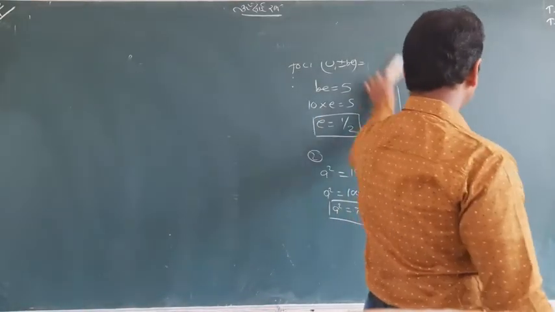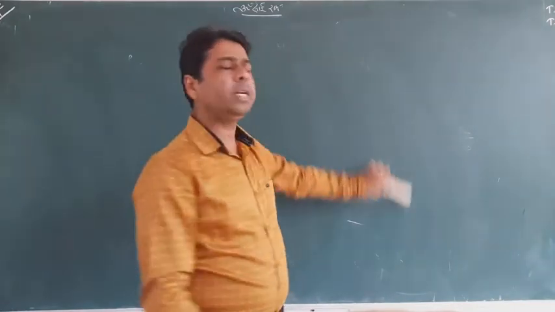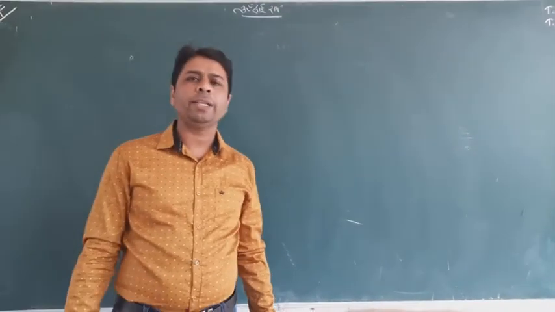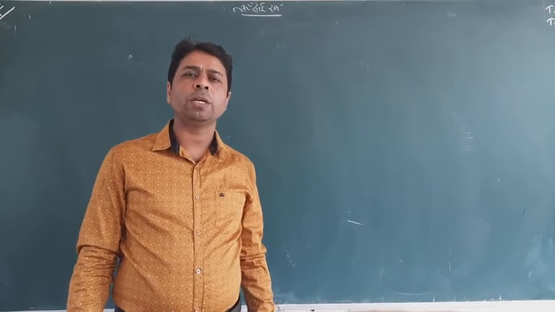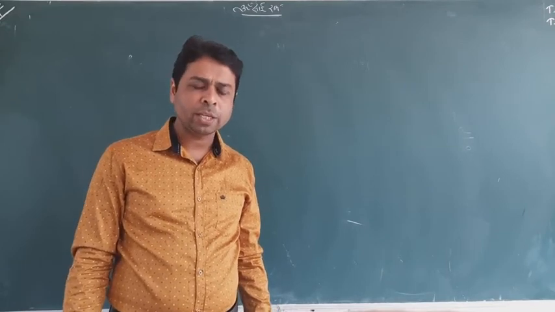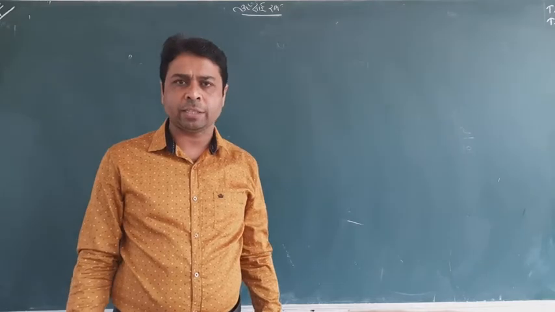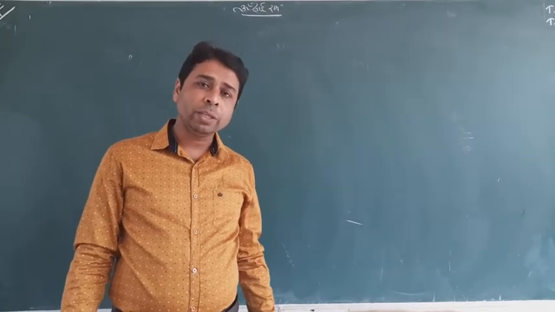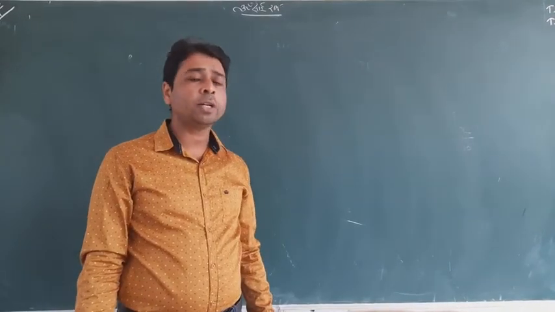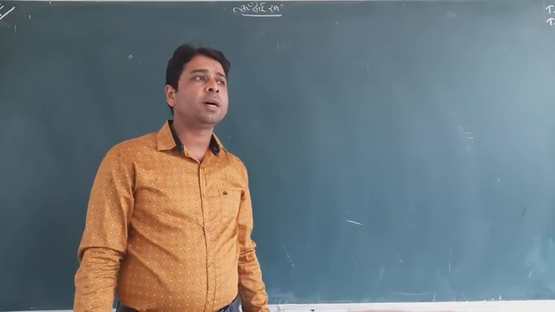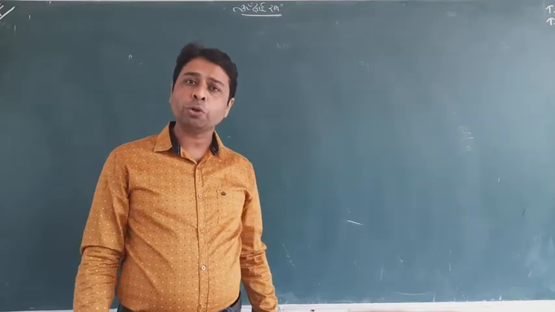One thing I want to say: if you couldn't identify whether the ellipse lies along the x-axis or y-axis, you always take it along the x-axis, and you will get your answer. But only in the condition when you are not getting any particular trick from the question.